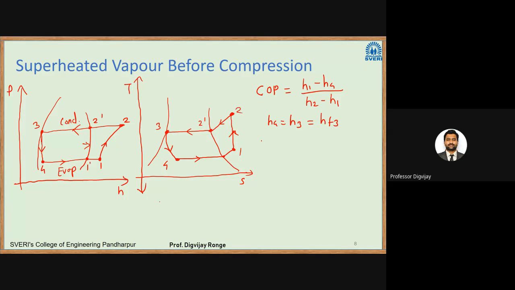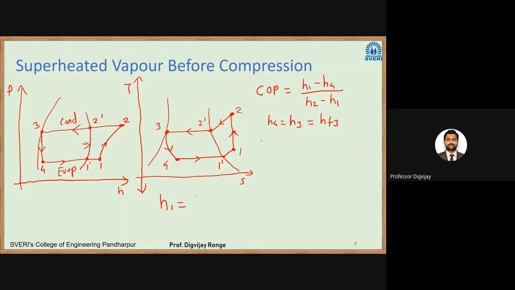So if I want to calculate H1, it will be some quantity in addition to the enthalpy of saturated vapor. We have saturated vapor at point 1 dash, and if I add some more energy to it, I will get point 1.